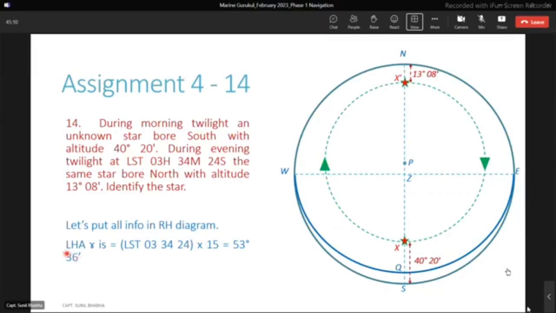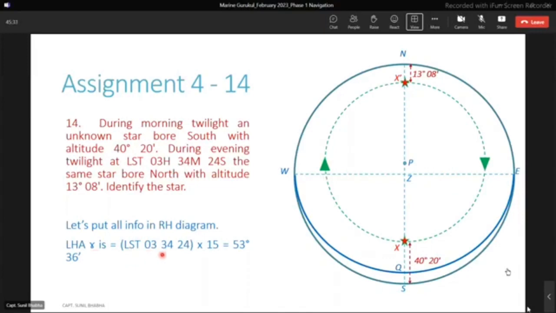So this 53 degrees 36 minutes is the westerly R angle of Aries measured from the observer's meridian. And this is the definition of LHA Aries. In fact, if LST is given to you, if you convert it into angular units, it gives you the LHA of Aries. LHA of Aries is the angle at the pole contained between the observer's meridian and the celestial meridian of Aries measured westwards.